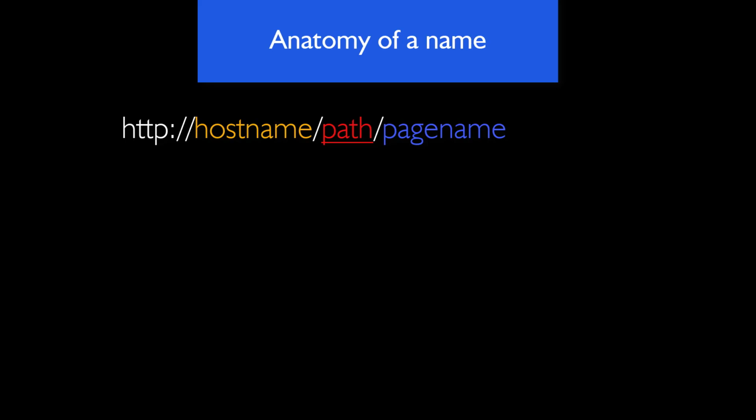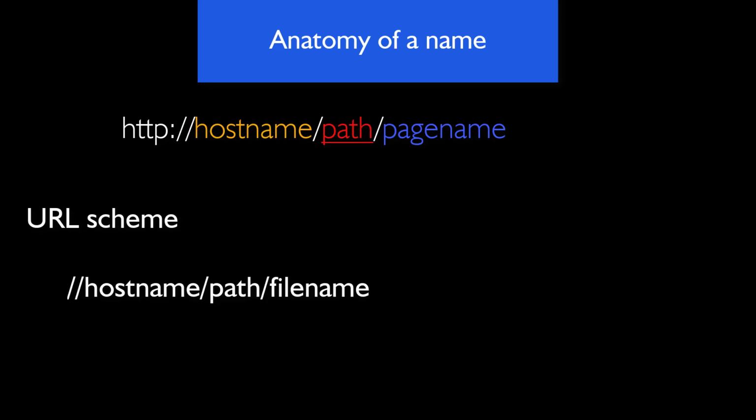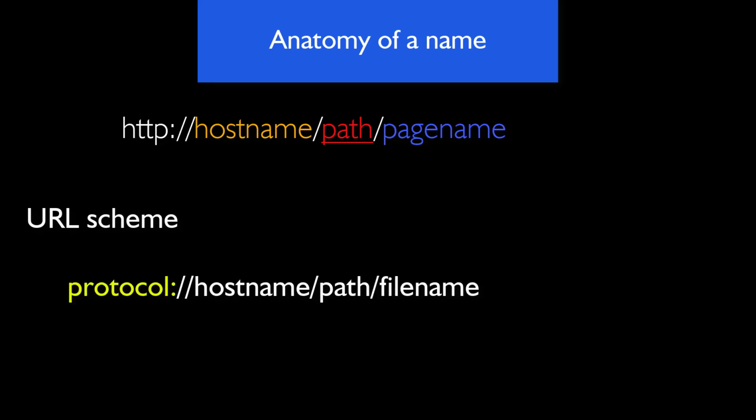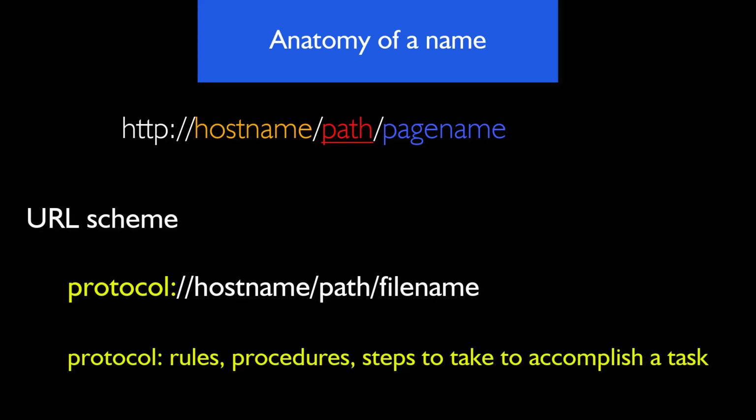The structure of a URL uses this scheme: //hostname/path/filename. And in front of the URL, we typically see the name of the protocol to be used to locate the resource. A protocol is the definition of the rules, procedures, and steps to take to accomplish a task.